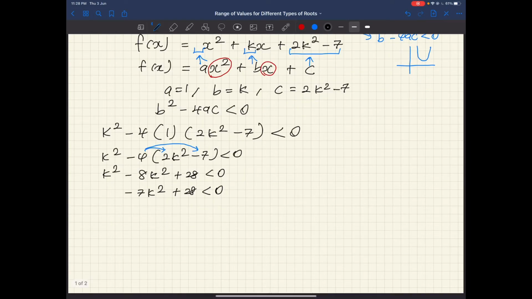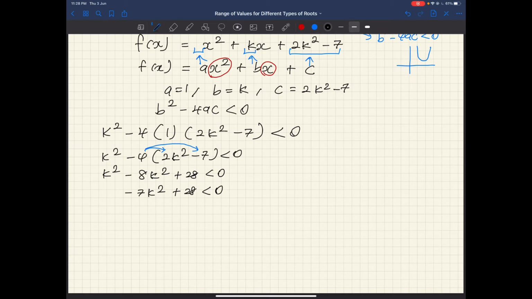Now I have to solve for my value of k. So what am I going to do? In this case, I don't have a bx term, I just have an ax squared term. So how I'm going to approach this, I'm going to bring my negative 7k squared to the other side. The reason is that I want the k squared term to have a positive sign, so I don't have to worry about anything else.